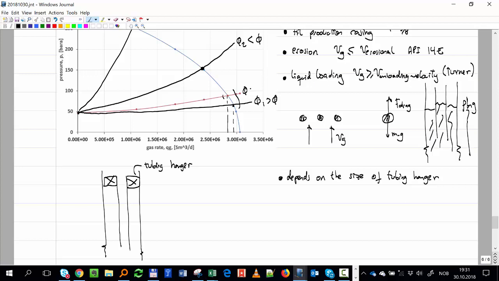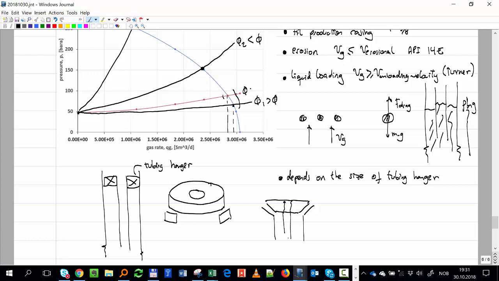Okay, and that usually looks like a disc. I can show you some pictures before, but it's a disc where you have a main hole for the tubing. This disc is supported somehow back here by some kind of no-go shoulder. Actually it looks something like that, and then you have your disc, and then you have a hole to connect the tubing here.